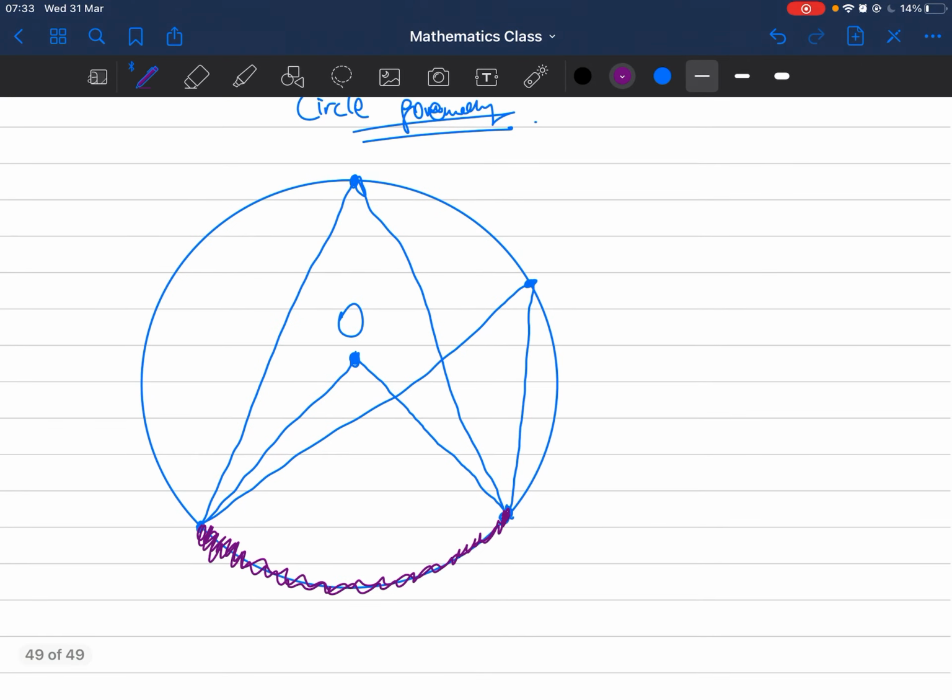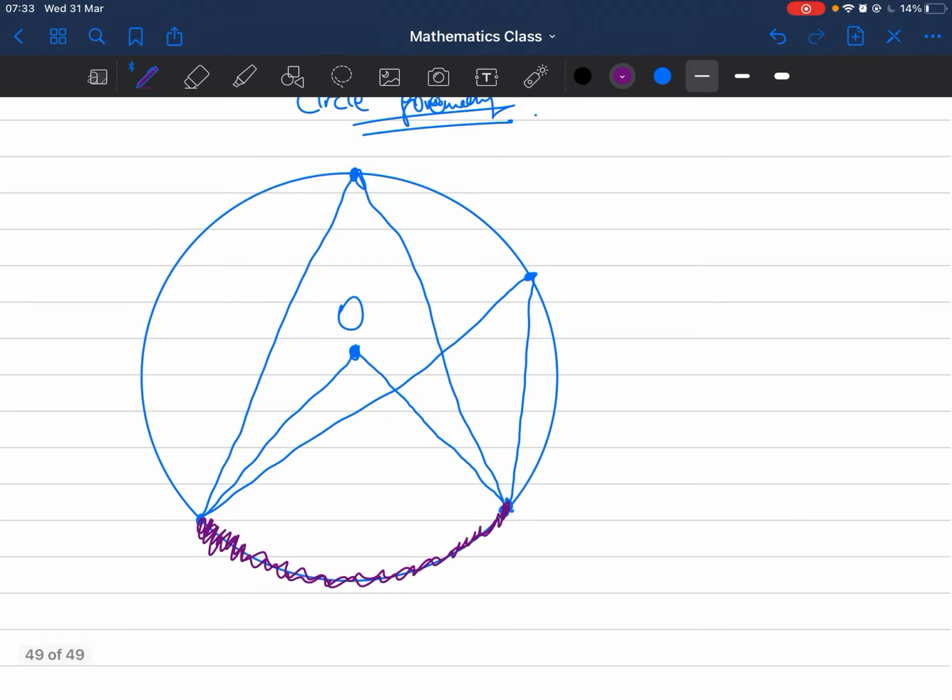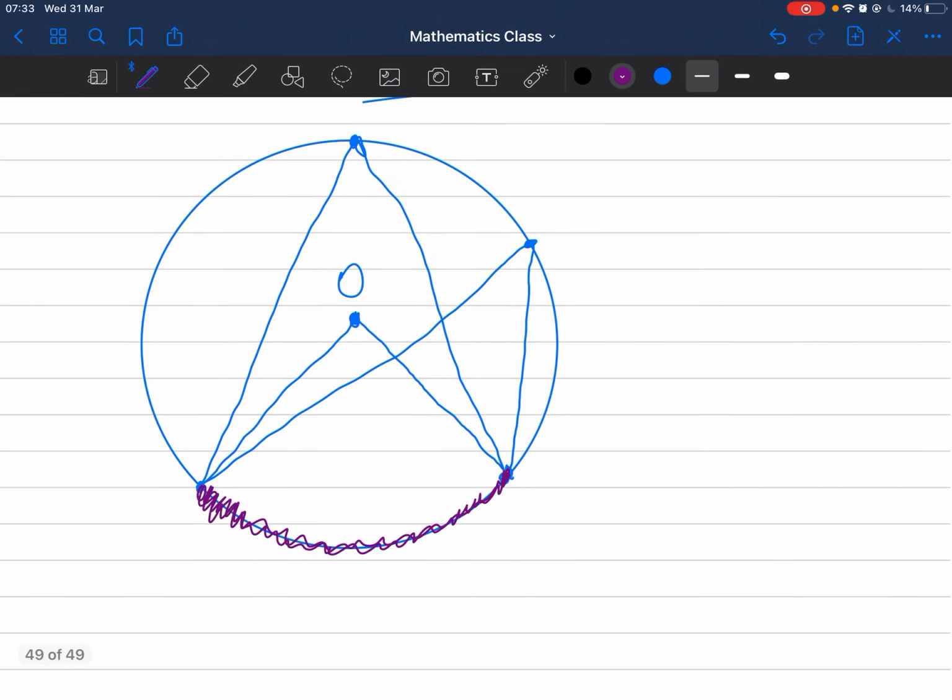Then there's a theorem that says that an angle at the center is equal to twice the angle at the circumference.